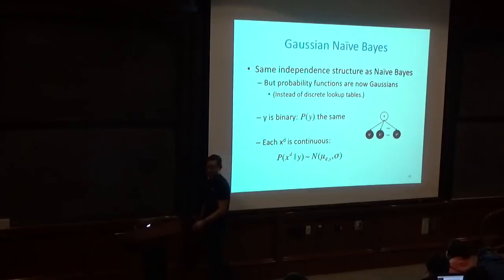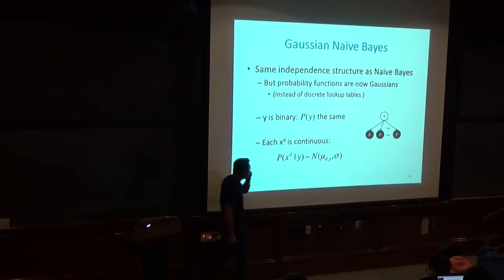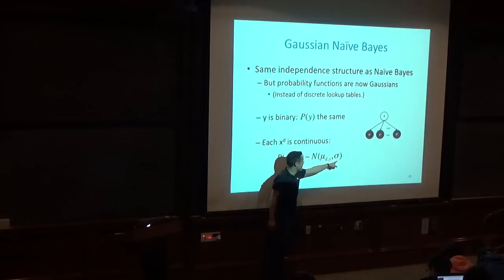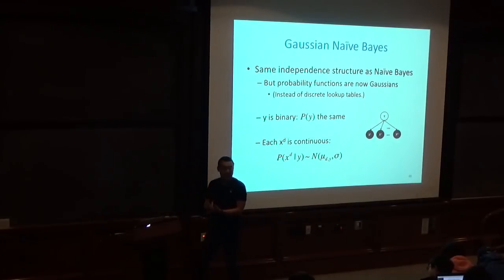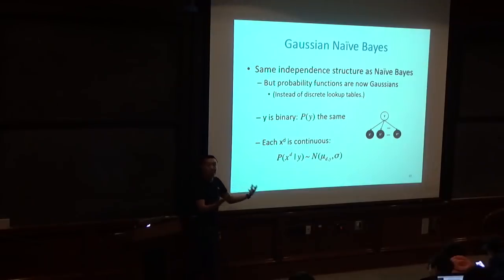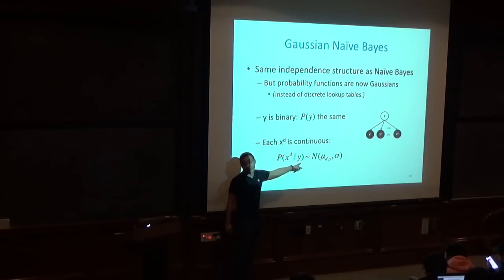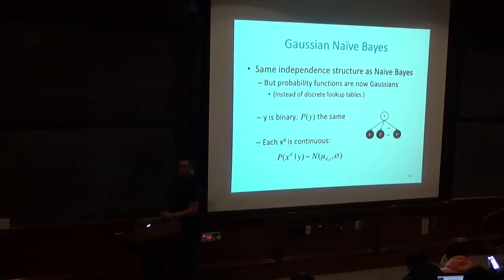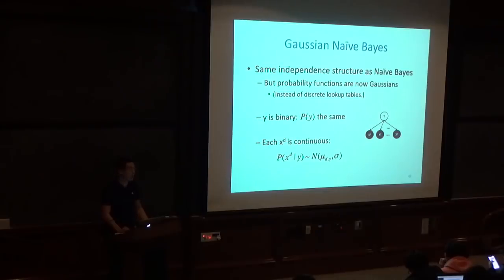If I were also fitting the variance or the standard deviation, then I would just compute the standard deviation for all the data points where y equals, let's say, spam. So this conditional independence structure can still be useful even if the little pieces of the probability that you're stitching together are not lookup tables.